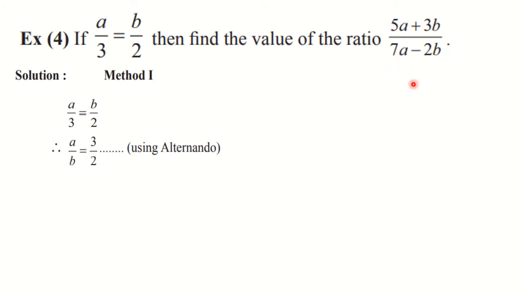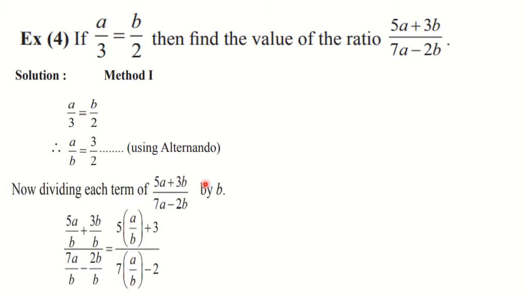Now this value of a upon b we are going to use here. So let us write down the question, and here in this question we want this term a upon b. That is why we are going to divide by b in the numerator as well as in the denominator. That means every term we are going to divide by b. So 5a upon b plus 3b upon b divided by 7a upon b minus 2b upon b.